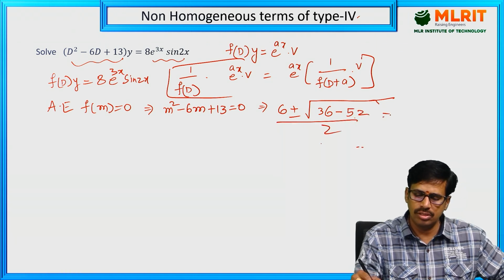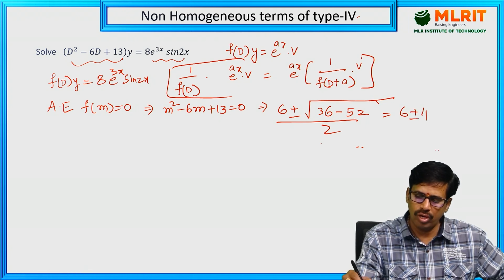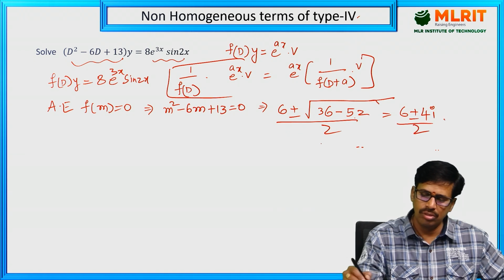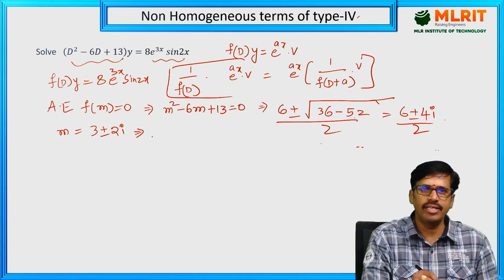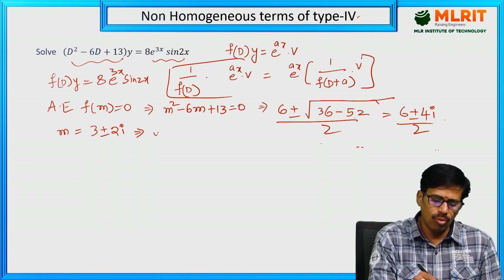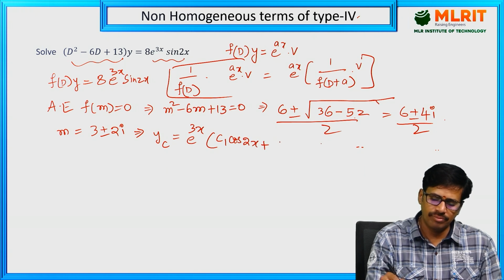So this is 36 minus 52 is minus 16, under root is 4i, divided by 2. So we got complex roots which are given by 3 plus or minus 2i. So alpha is 3, beta is 2. So what is the complementary function yc? e power alpha x, that is e power 3x, into c1 cos 2x plus c2 sin 2x.